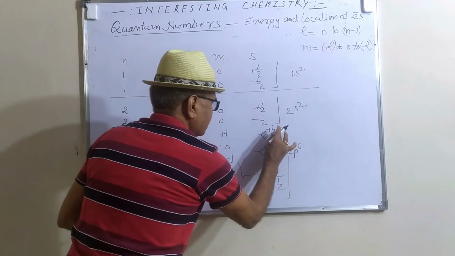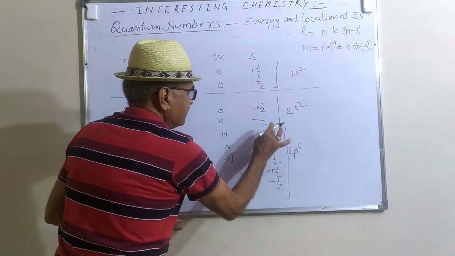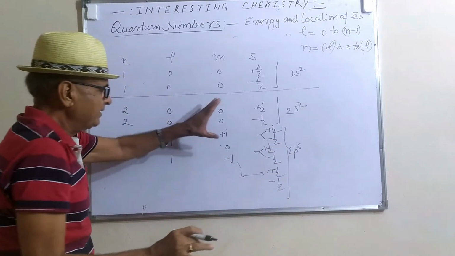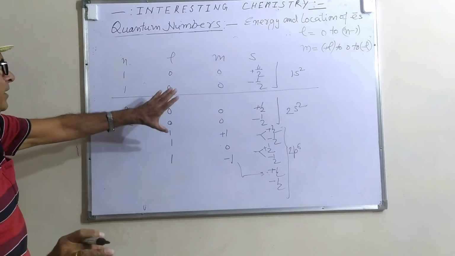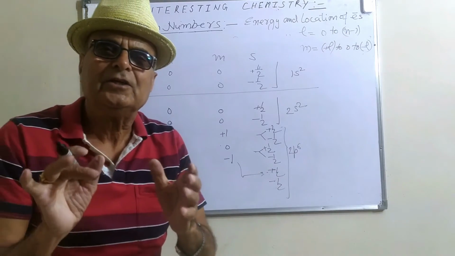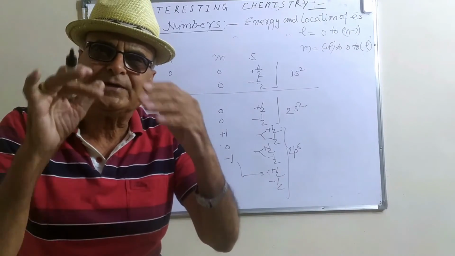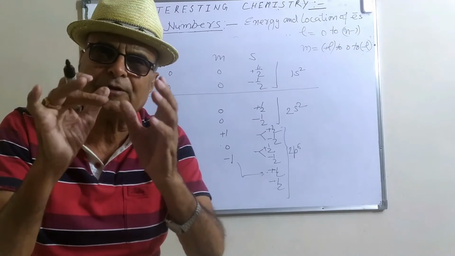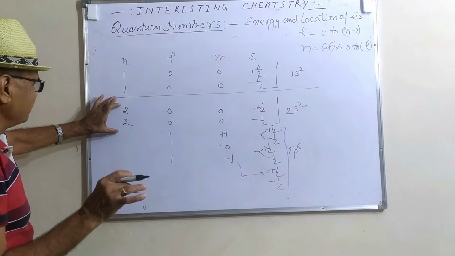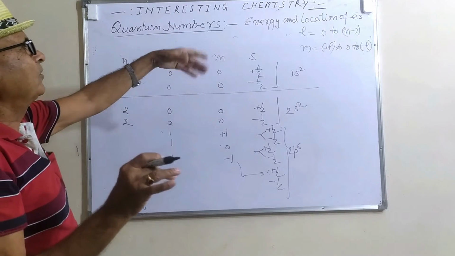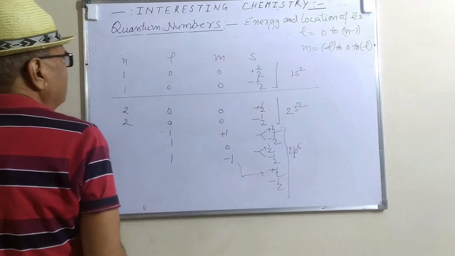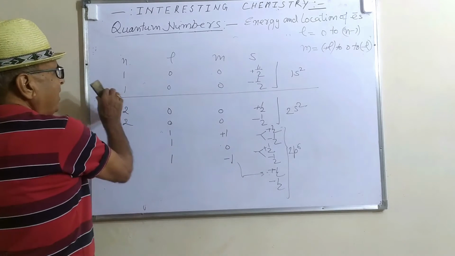There are 6 electrons. The half shows this is clockwise, this is anti-clockwise, clockwise, anti-clockwise. These are the spins. So I have told you about the different types of quantum values for the first shell and the second shell. Now I am going to tell you about the third shell.